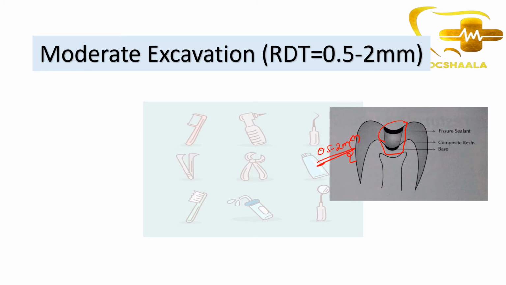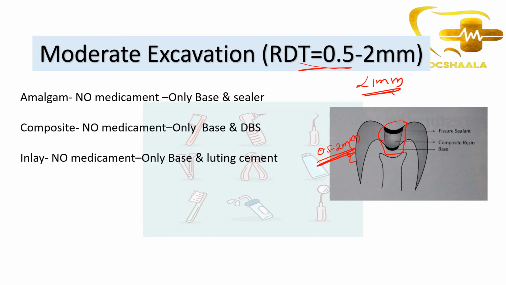Concentrate on this slide because in the question they have asked about remaining dentin thickness less than 1 mm. Here, when doing an amalgam restoration, a medicament is not required, we only use a base and a sealer. With composite restoration, a medicament is not required, we use a base and dentin bonding system. With an inlay, a medicament is not required, we only use a base and luting cement.